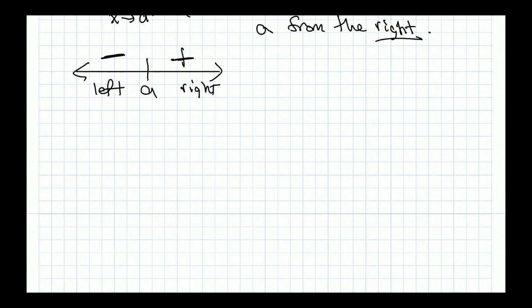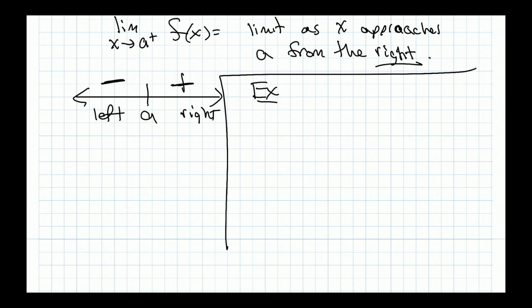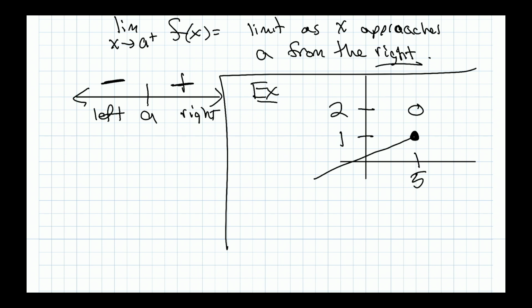Okay? Now, because of that, you can evaluate left and right hand limits and get different answers. So you can have an example like this. Put it right here. Okay, so there's a function. I'm going to call it f of x.